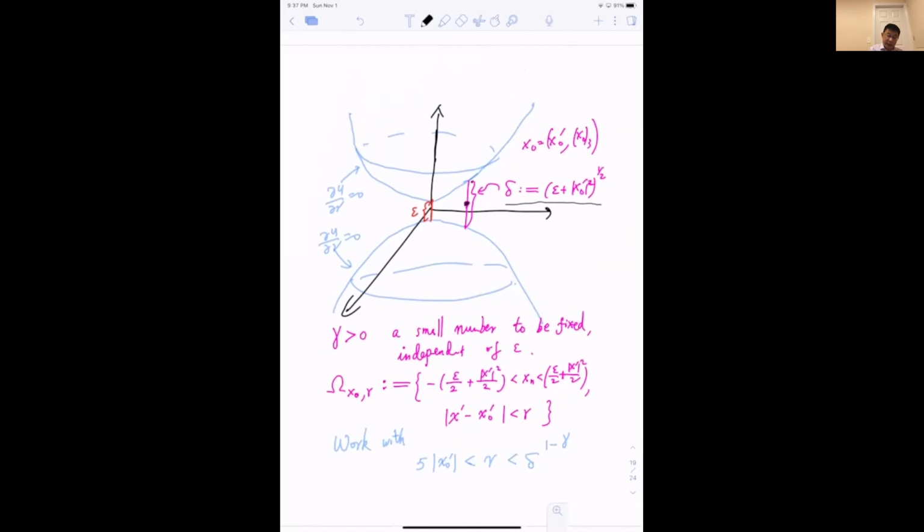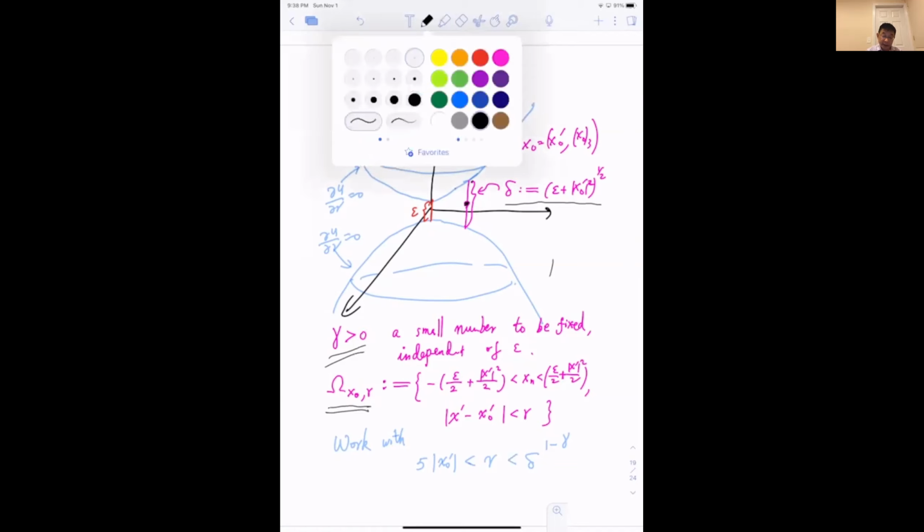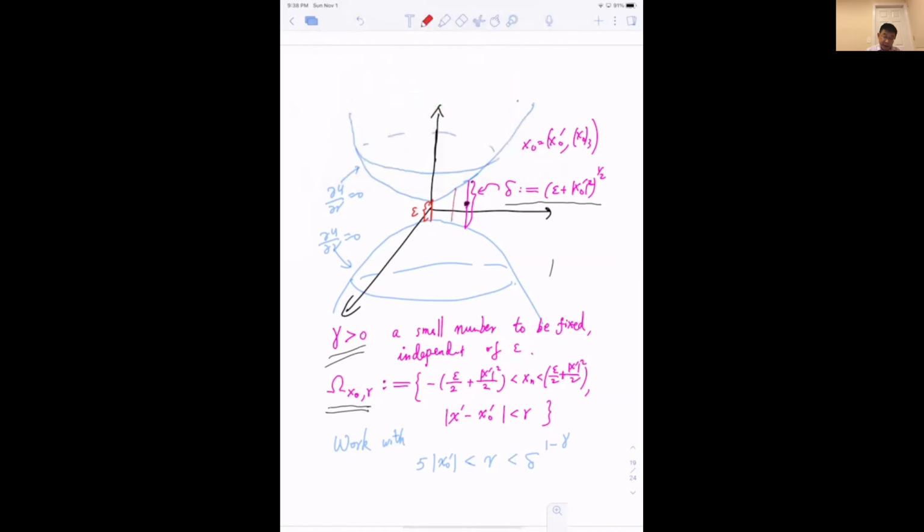So we are going to identify a positive number gamma. This will be a small number independent of epsilon. It's a number which only depends on the shape of this dividing surface. Our notation is Omega(x0, R), a cylinder around this x0. It looks like this.